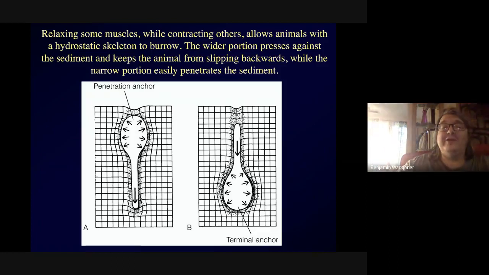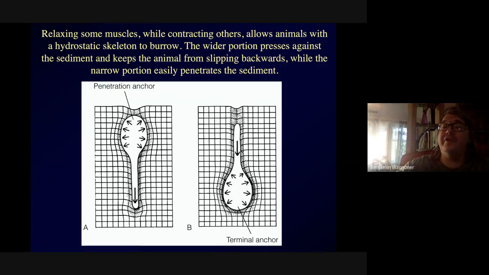That's called a penetration anchor. At the front end of the worm, the circular muscles contract, and that forces the head of the worm ahead. So the worm pushes the front end of its body through the sediment, while the back end is being held in place by that penetration anchor.